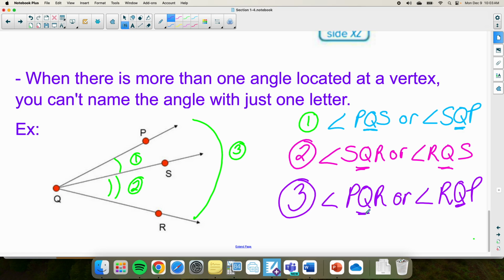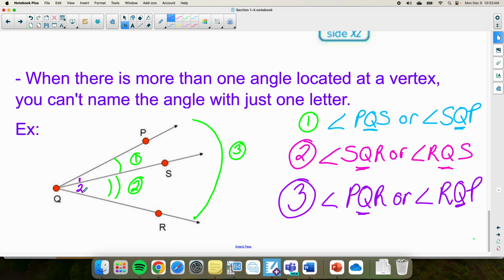Okay? So when you have multiple angles drawn from the same vertex, you have to use 3 letters unless, let me show you, well, I won't redraw that, unless, say that angle 1 was right there, then you could name this one angle 1. If there was an angle 2 right there, you could name this smaller one angle 2.